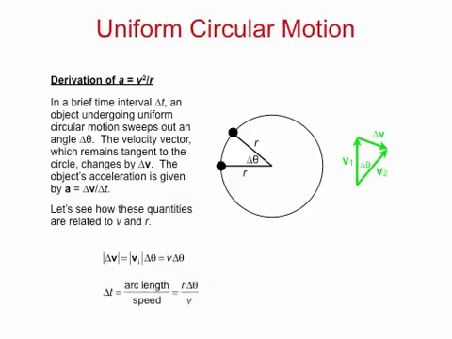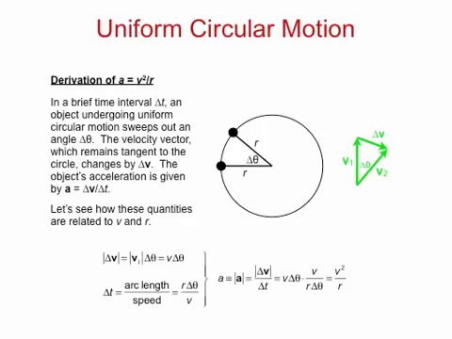The time interval delta t is equal to the distance the object travels, which is just the length of the arc swept out, divided by its speed, v. For a circle, arc length equals the angle swept out times the radius of the circle, or r delta theta. So we find that delta t equals r delta theta divided by v.